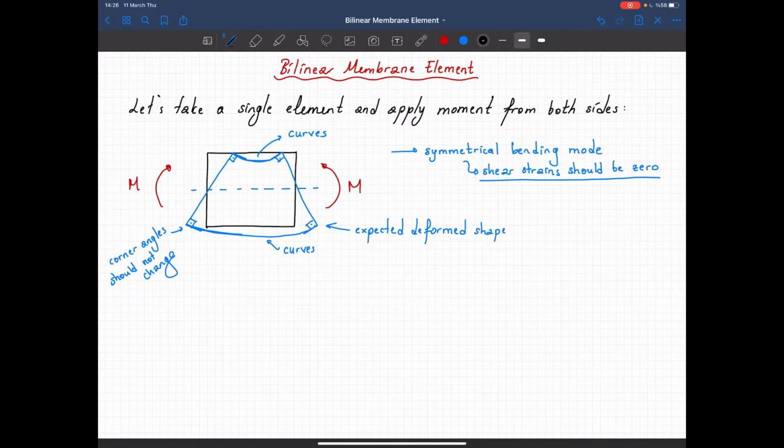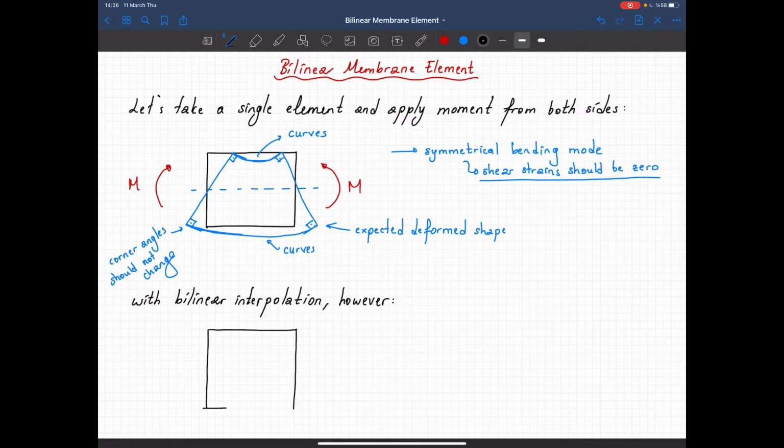Now, what will happen when we use the bilinear interpolation? Let me draw the same element. We apply moment again.